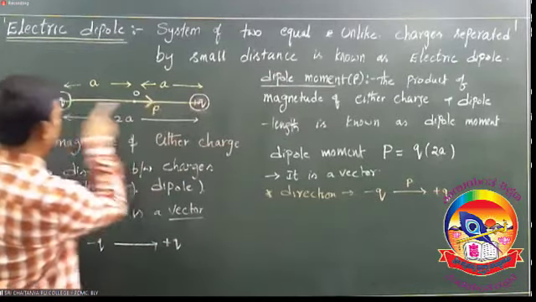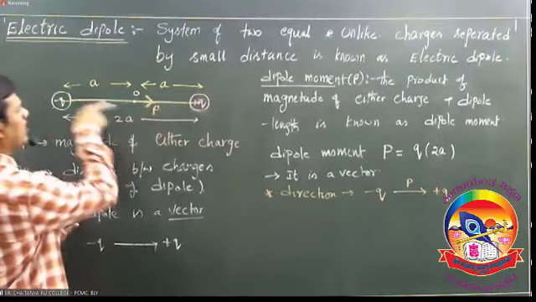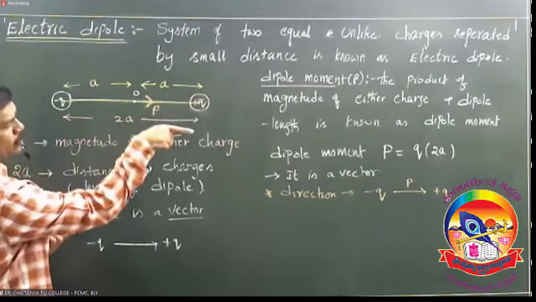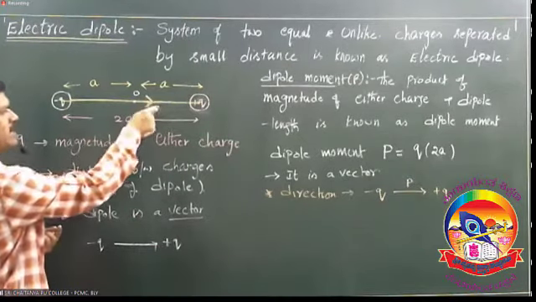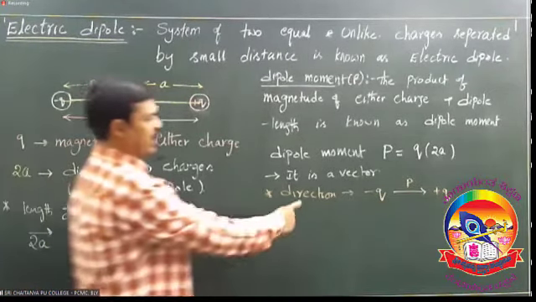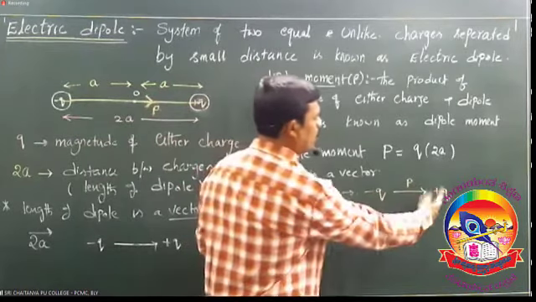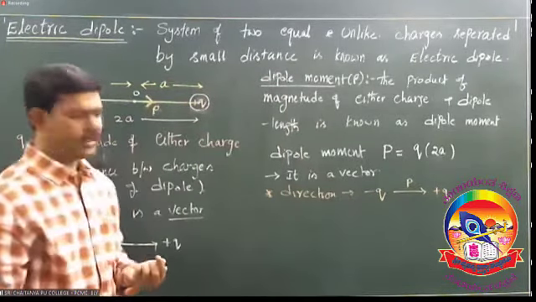Along the length of the dipole, as it is a product with 2a, in whatever direction that 2a is present, p is in the same direction. So direction is from minus Q to plus Q, right?